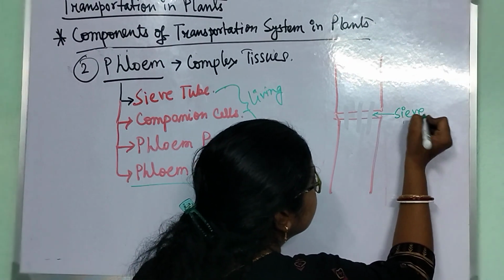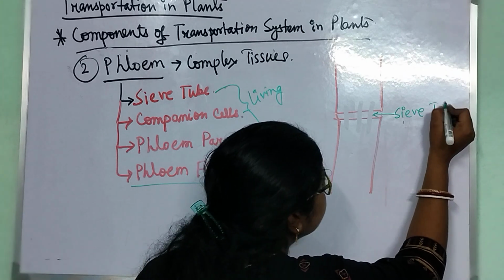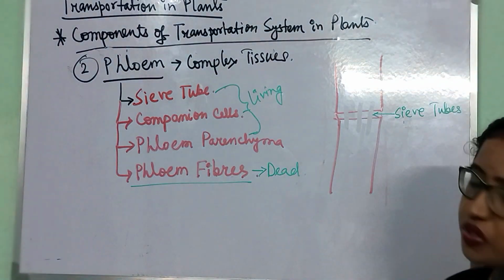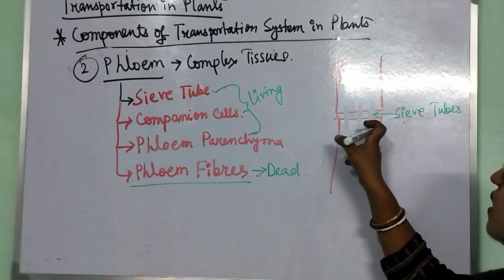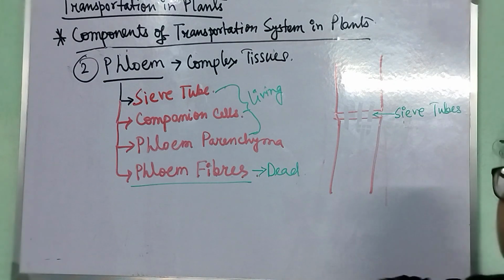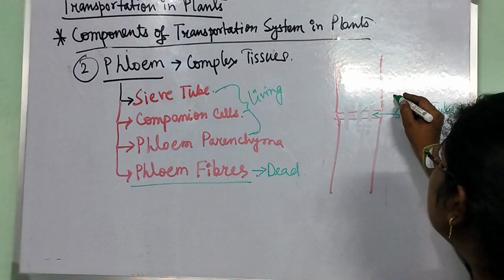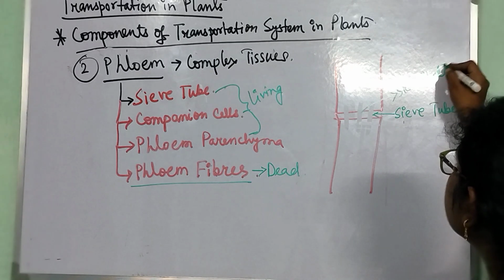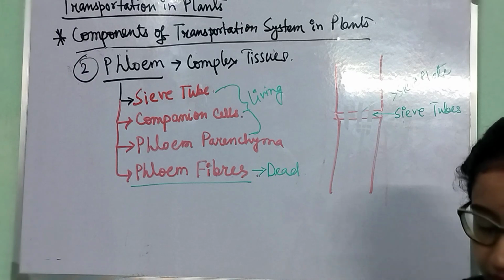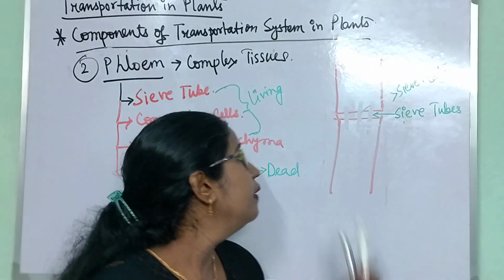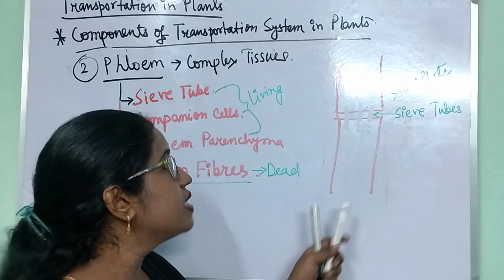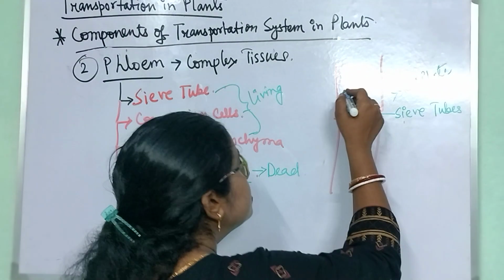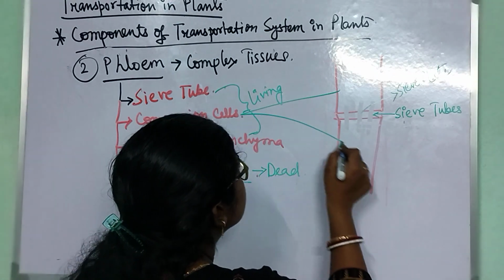This tube-like structure is known as sieve tubes, and this porous plate-like structure is known as sieve plate, and the cells at both sides of the sieve tube are known as companion cells. So these are the companion cells.